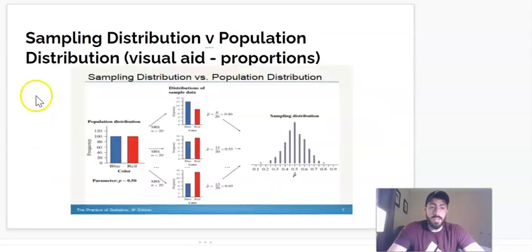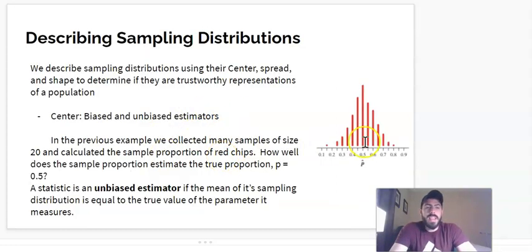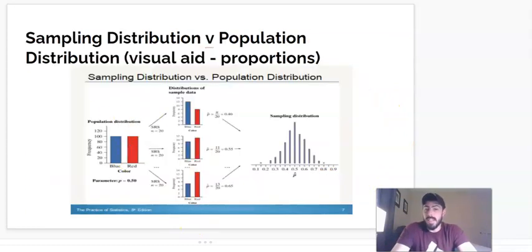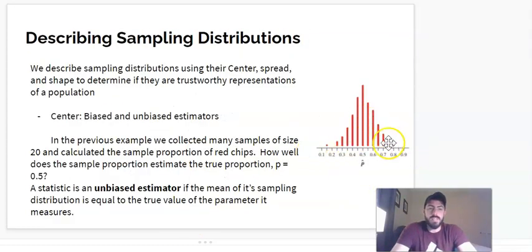And notice originally exactly half of the marbles were red, or in other words, the true proportion was 0.5. When we get a scenario where our sampling distribution provides us with a distribution whose mean is exactly what it's supposed to predict, in this case, the mean of this distribution is telling us that the proportion of marbles that were red the most often was 0.5.